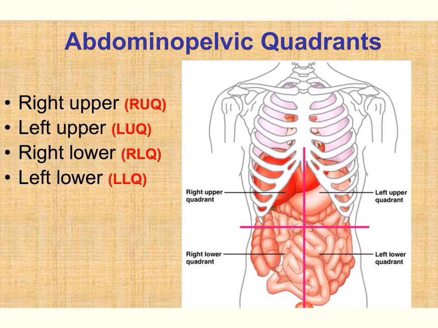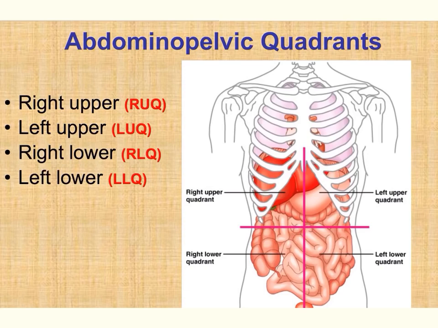Now, because the abdominal pelvic region is so large, the abdominal pelvic cavity is separated into regions and quadrants. The quadrants are fairly self-explanatory. As we have this quadrant formed right here, the belly button will be where the two lines meet.